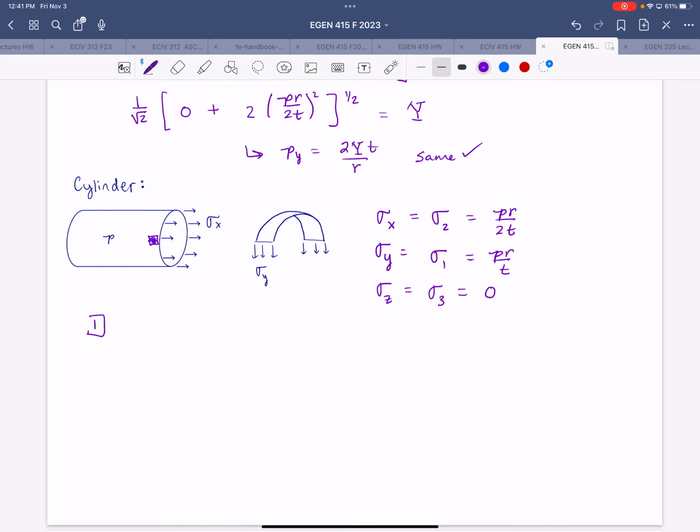All right, so first we will apply the Tresca criteria. Maximum shear stress, we set that equal to the difference between the two extreme principal stresses. So that's just going to be PR over 2T.